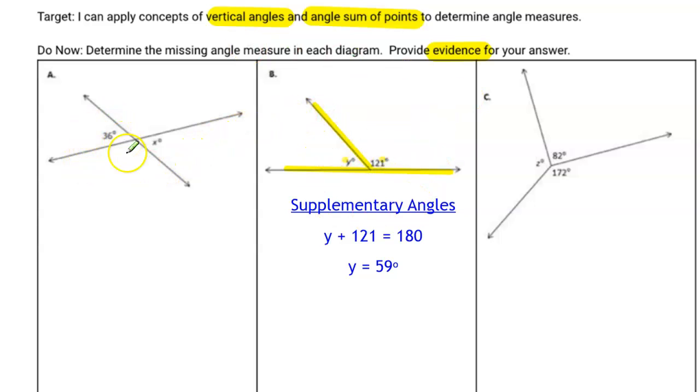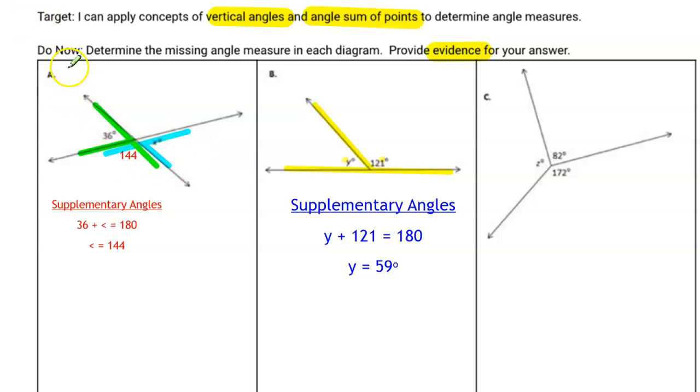In the second problem, what I could do is use supplementary angles several times. I could first identify that these angles form a straight line, so this 36 and whatever this happens to be sum to 180, which means this angle here is 144. And then once I have this angle, I can use the supplementary angles theorem again, because this straight line, which is cut by this ray coming off of it, can also be supplementary.